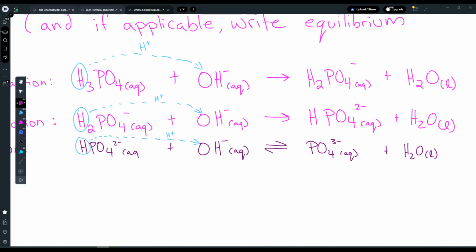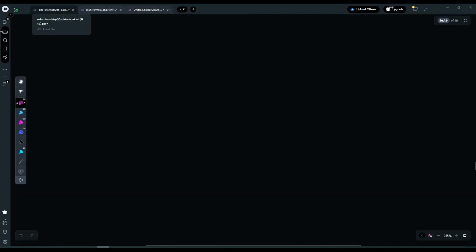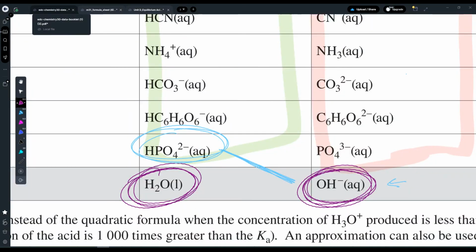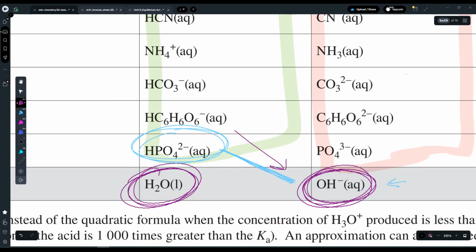Now we need to decide if the forward reaction is favored versus the reverse reaction. Looking back at our data booklet, we have a line that looks like a downhill line as you read it from left to right. What that means is since our base is below our acid, the favored reaction is going to be the forward reaction.